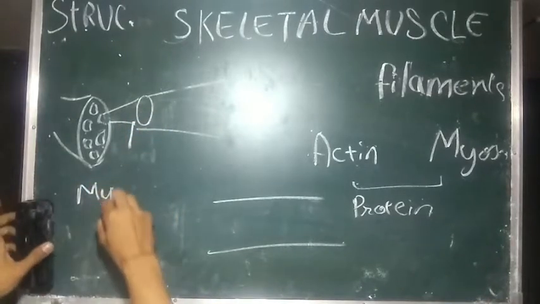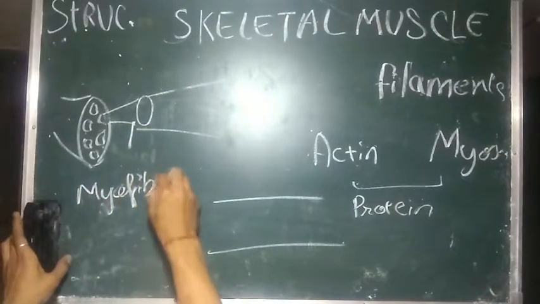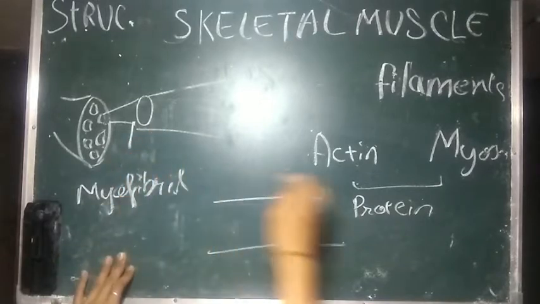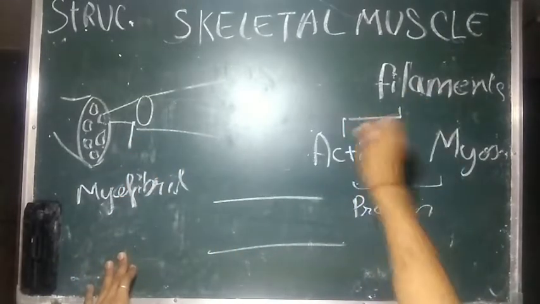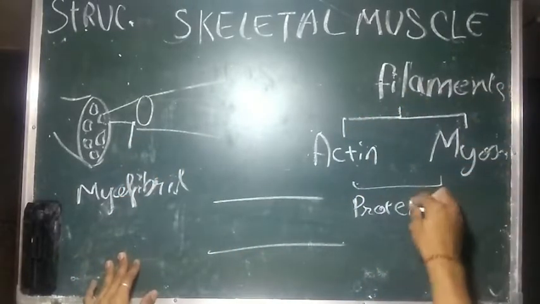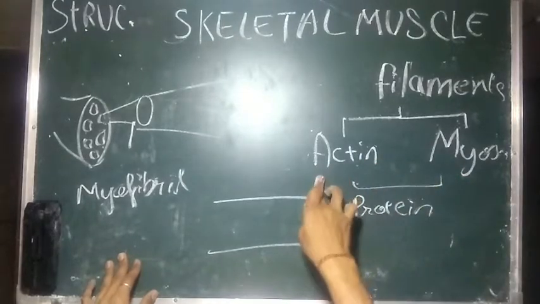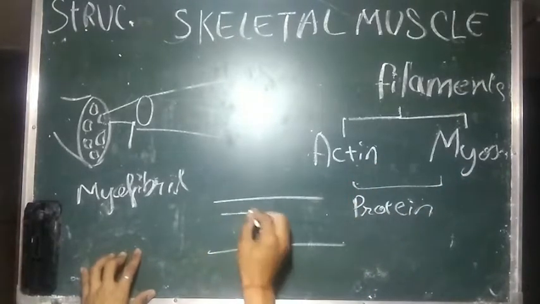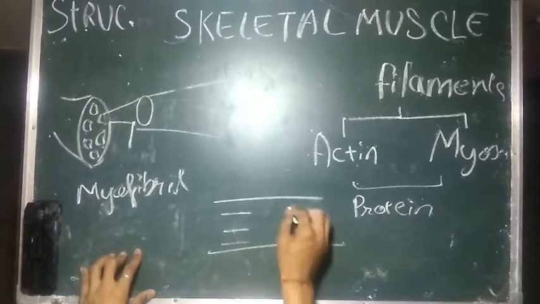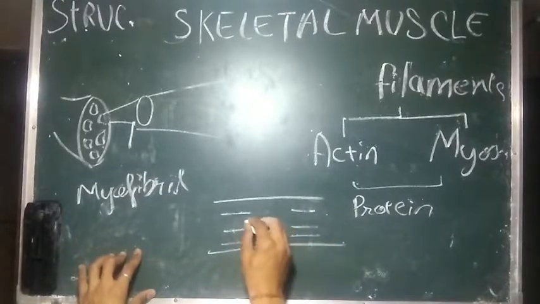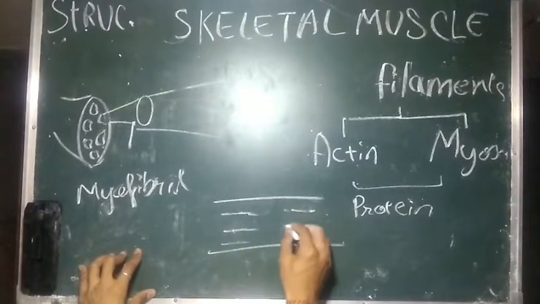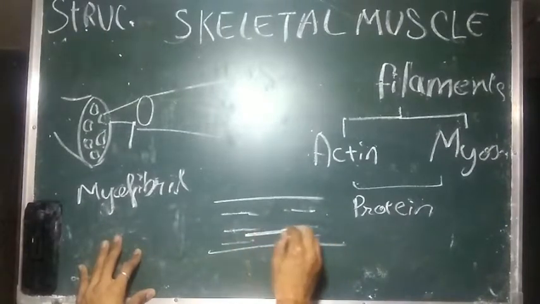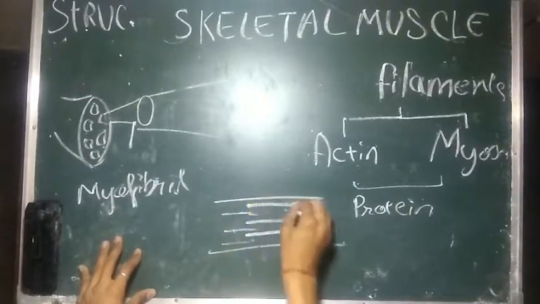This is the myofibril. So a myofibril has two kinds of filaments, actin filament and myosin filament. These are proteins. Actin filaments are the light, thin filaments, and myosin filaments are the thick filaments.